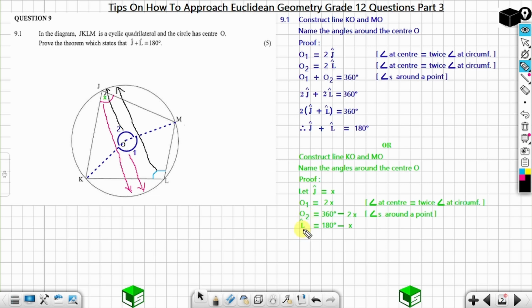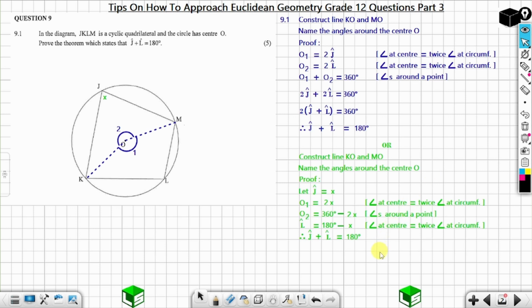So 360 divided by 2 gives 180, minus 2X divided by 2 gives X. The reason for this is angle at the center is twice the angle at the circumference. Now you can say angle J plus angle L is equal to 180 degrees, when you take this plus X. So we have proved.